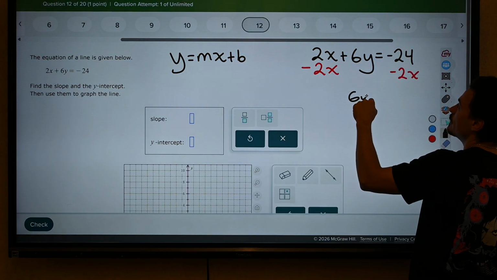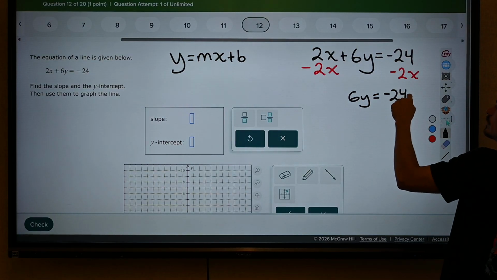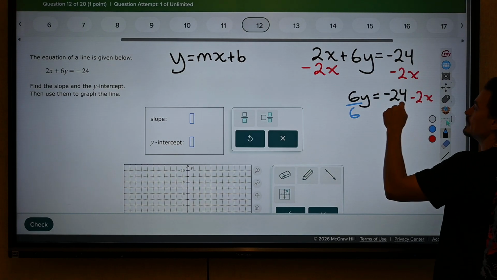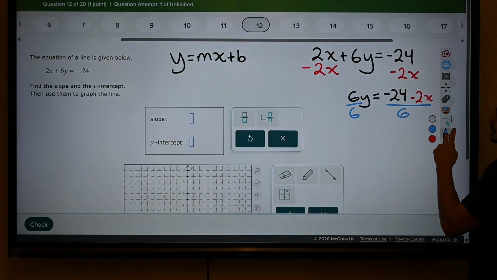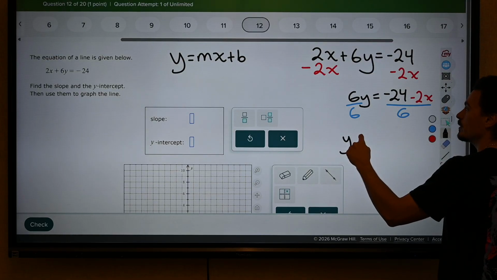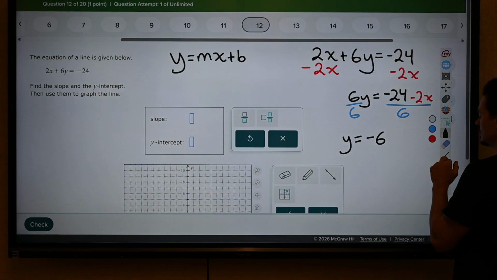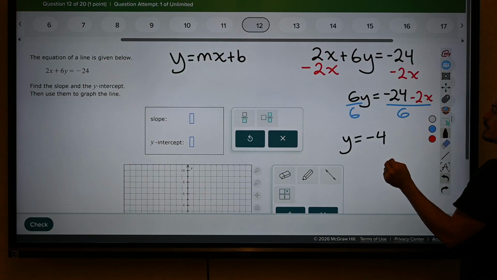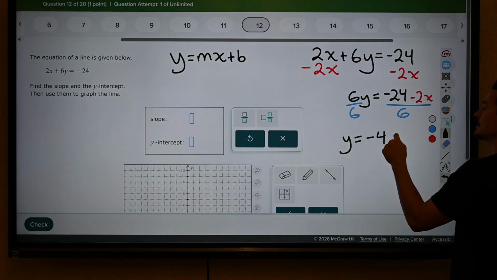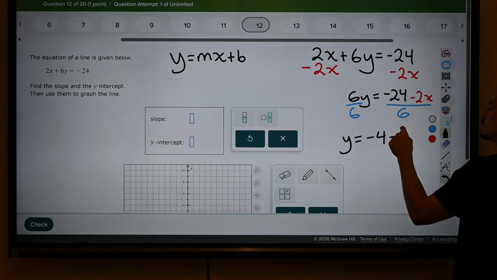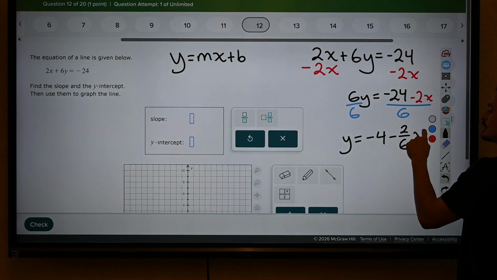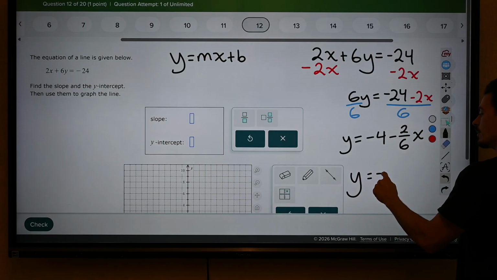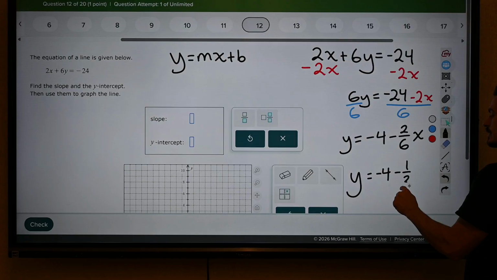You get 6y equals -24 minus 2x, and then divide by 6, which gets me y equals -4, because 24 divided by 6 is 4, and then minus 2 over 6x. Okay, 2 over 6 can be simplified to 1/3, so I get y equals -4 minus 1/3 x.